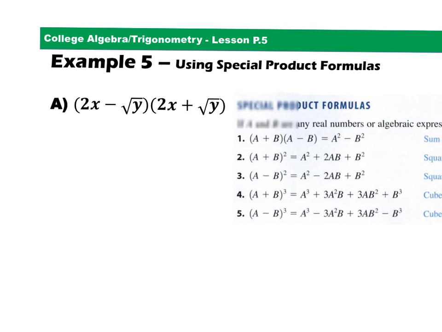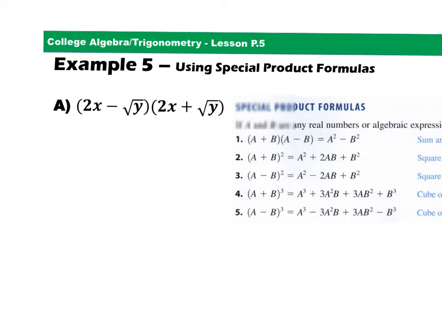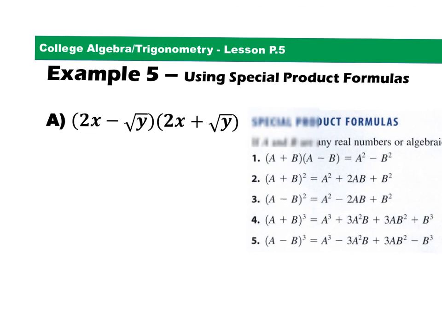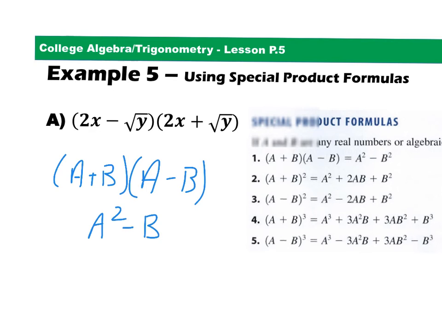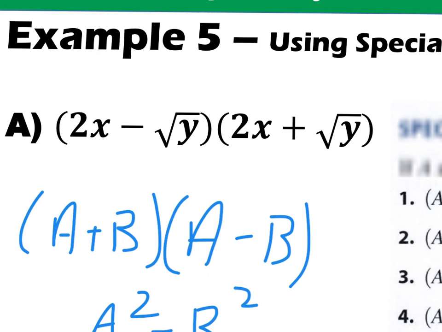Okay, what about this one? Don't worry that it has radicals and stuff like that in it. Which pattern is that? First one? Yes, you're right. It's the first one. What's your A term? This is A plus B times A minus B, so it's really A squared minus B squared. So what is your A term? 2x.